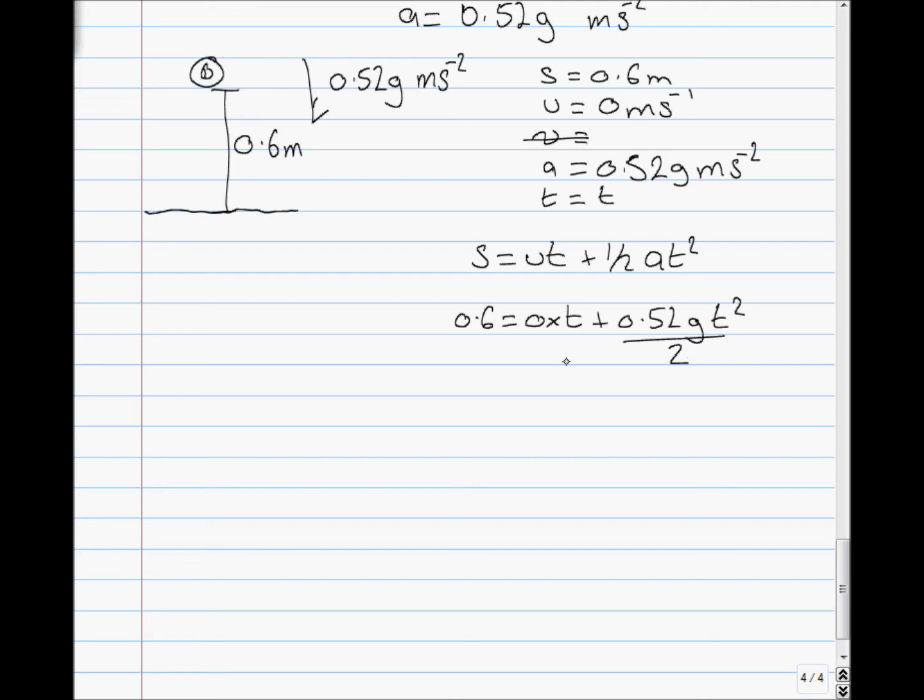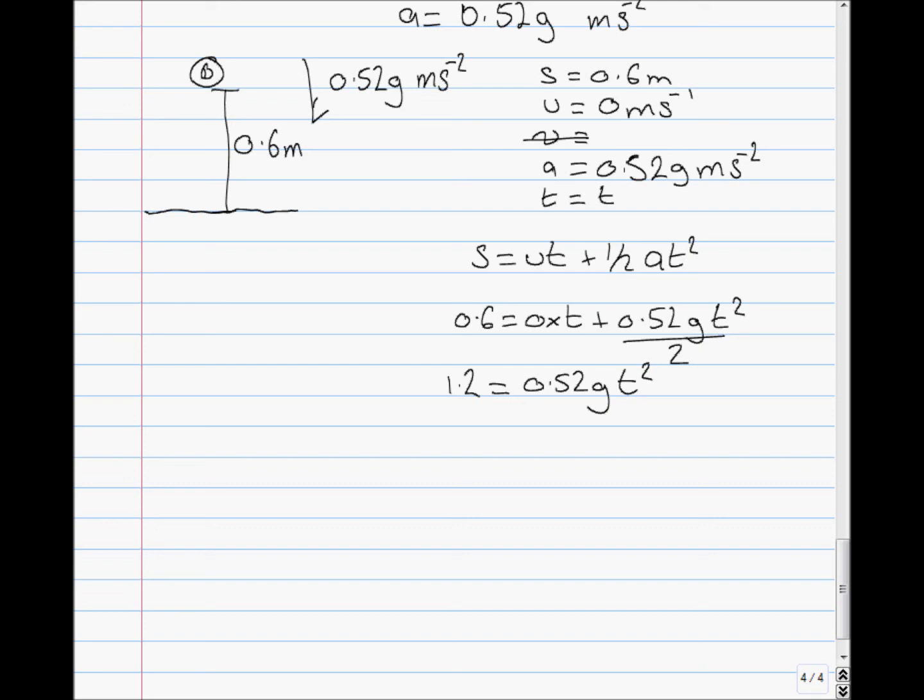So one unknown, one equation. We've got 2 there, so we can do 1.2 equals 0.52 G t squared. Just finding my calculator.